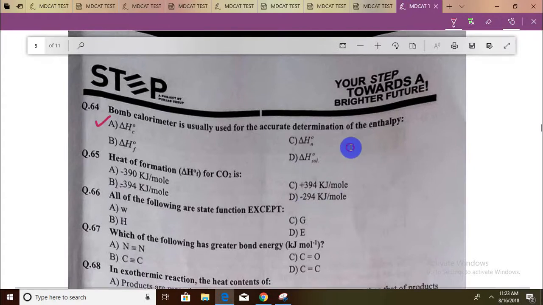The heat of formation should probably be exothermic because this is sort of like combustion. So I guess we can negate these in good faith.